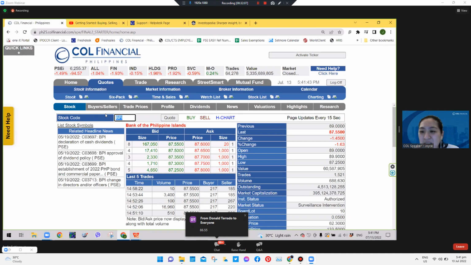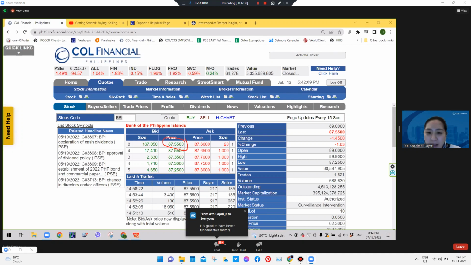I can see here a lot of people are typing in 87.55, and that is correct. So the best bid price, the price that is closest to the seller, is 87.55. When you say best bid, that is the first row on the bid column. If you put a price of 87.55, you fall in line.